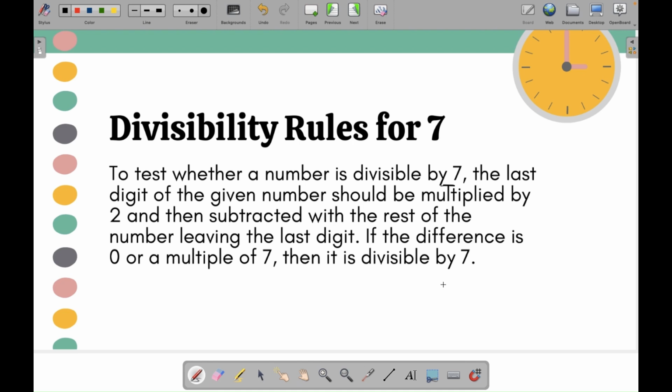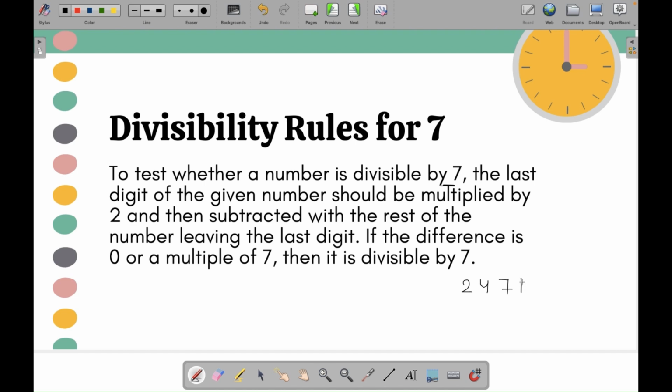So, if we have a number, say 2471. We have to check whether 7 is a factor of this number or not. So what do we do?